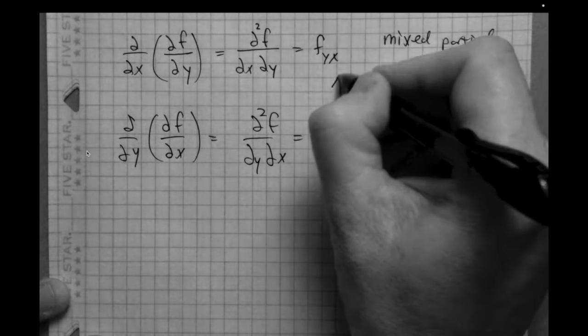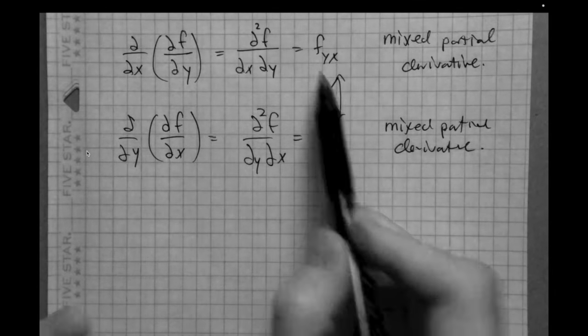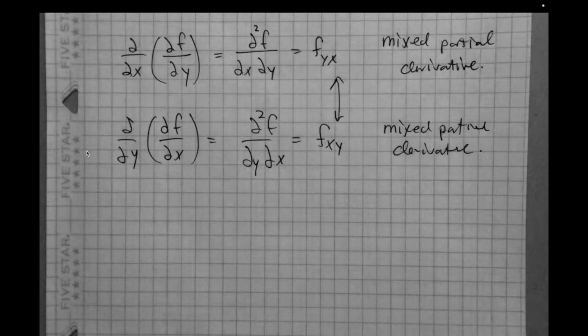Now, these are arrived at 100% based on the order. If you start with y and then x, you get this guy. If you start with x and then y, you get that guy.